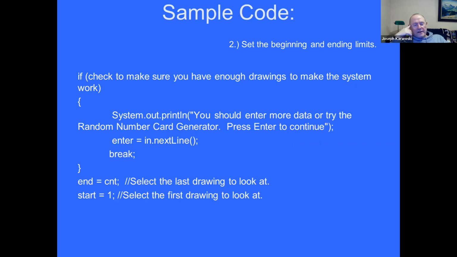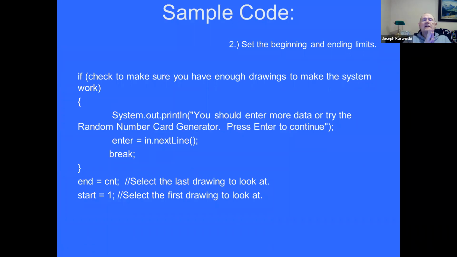Now, if you wanted to go from, let's say, the last 10, the 10 most recent drawings, and the way our data is set up is the last one's going to be on the bottom. So if we want to go there, our ending number is going to be CNT. But what would the start be? I will tell you, if you think about it.